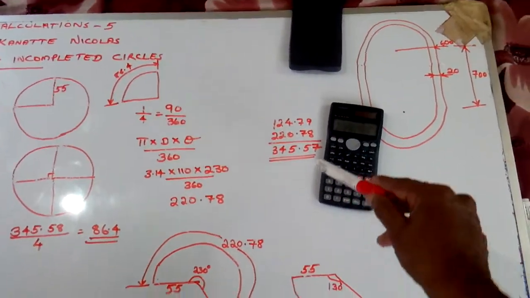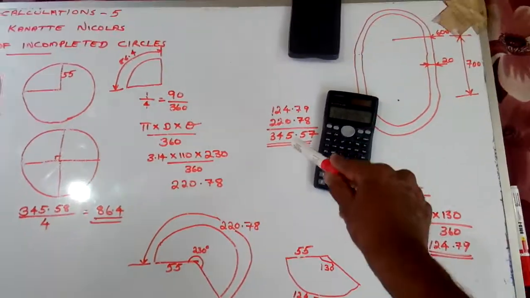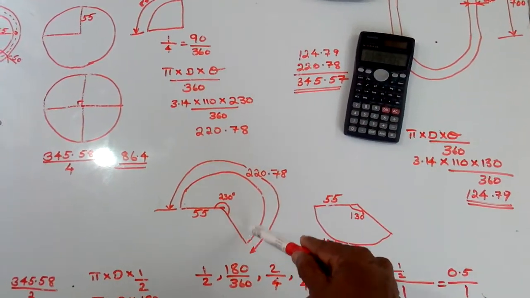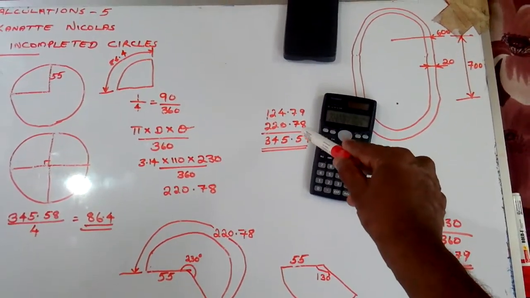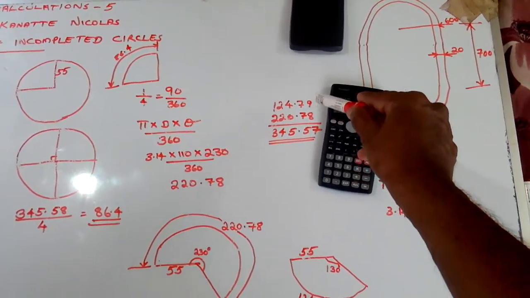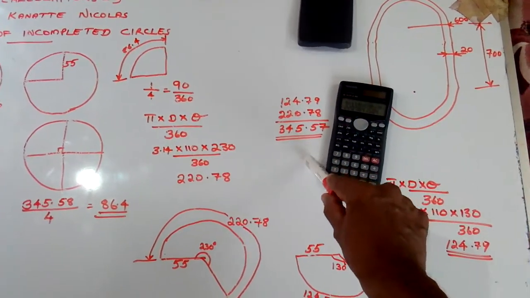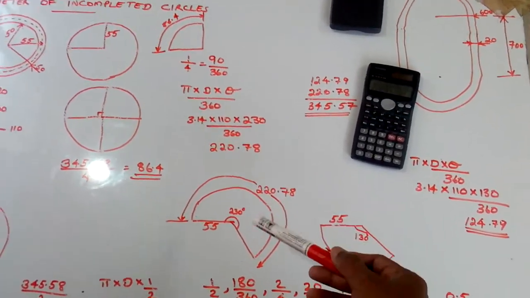I have added this 124.78 measurement and the 220.78 measurement of 230 degree. When we add these two, we get 345.57, which means the total perimeter. So that is correct.